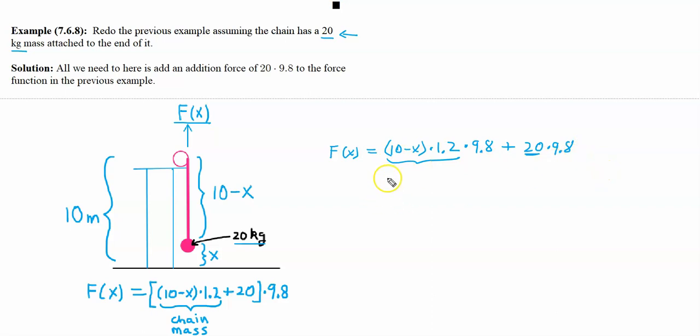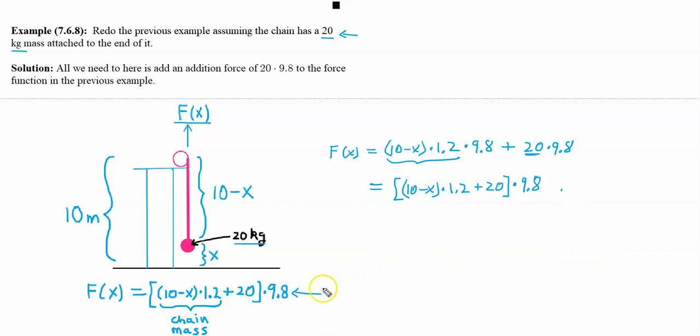And there's our force function, and of course we could factor out a 9.8 and simplify this. There is our force function, and that's what we have down here.